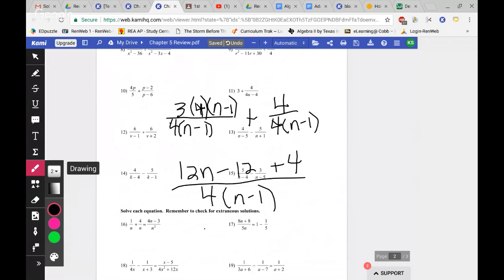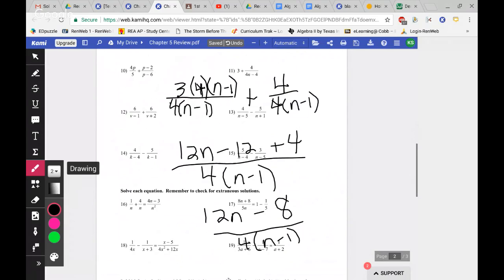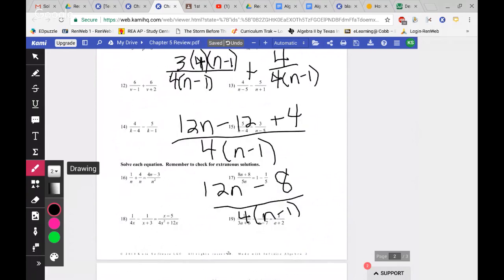And then that's going to be 12n minus 8, which then would break into 4 at the top times 3n minus 2, all over 4 times n minus 1.